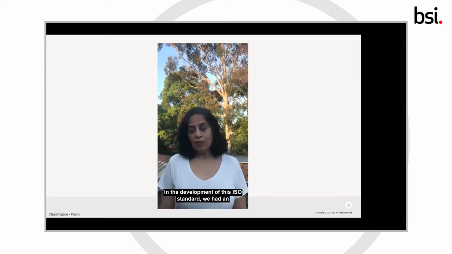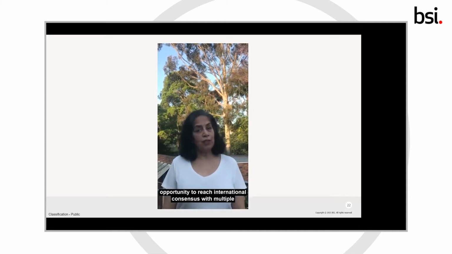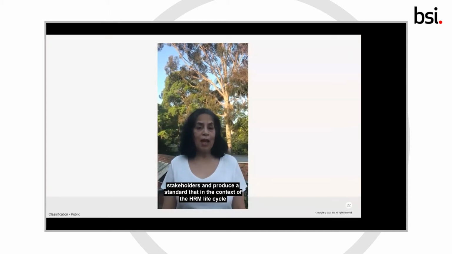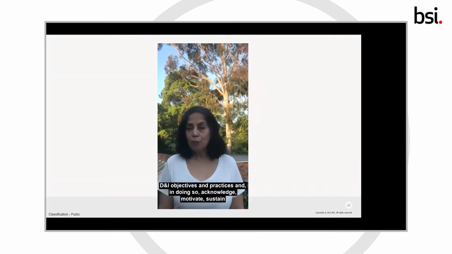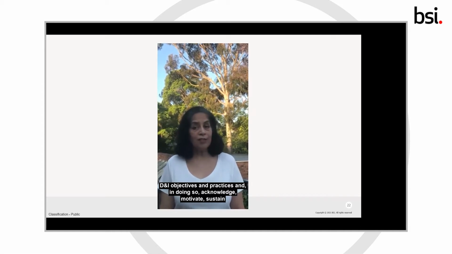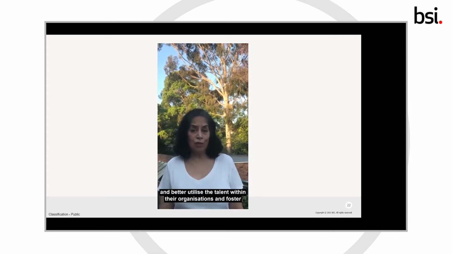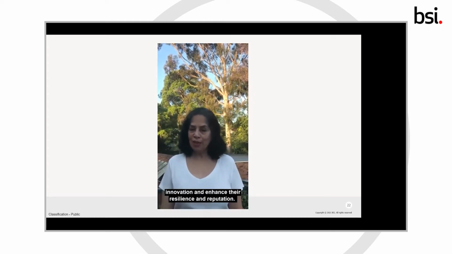In the development of this ISO standard, we had an opportunity to reach international consensus with multiple stakeholders and produce a standard that, in the context of the HRM life cycle, is designed to help organisations set, implement and evaluate their D&I objectives and practices, and in doing so, acknowledge, motivate, sustain and better utilise the talent within their organisations and foster innovation and enhance their resilience and reputation.